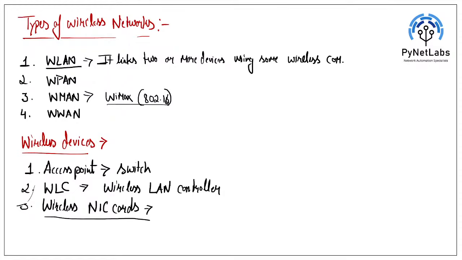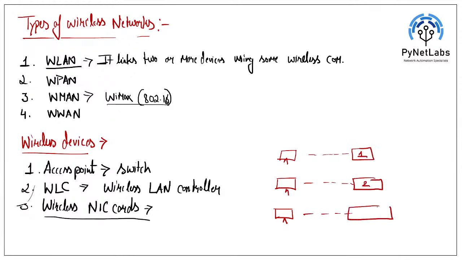So just to give you a simple example, I can draw a topology like this. So let's say there are some devices, like this is some PC, this is one PC, this is one more PC we have, and all these PCs are wirelessly connected to 3 access points. Let's say this is your access point 1, this is your access point 2, this is your access point 3, and all these 3 access points are connected to one WLC here.